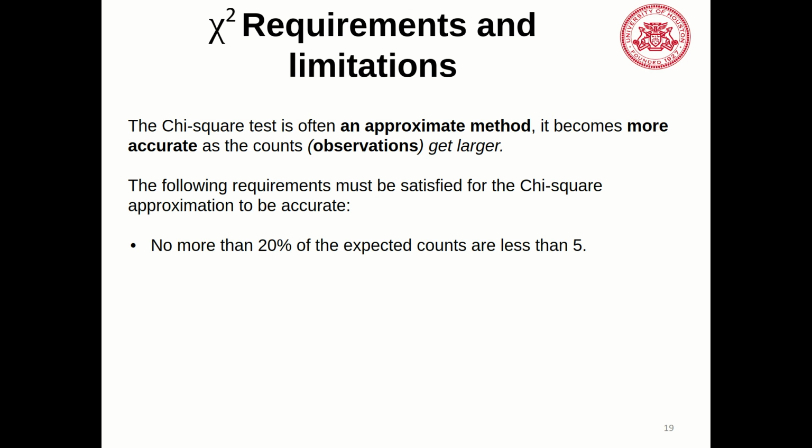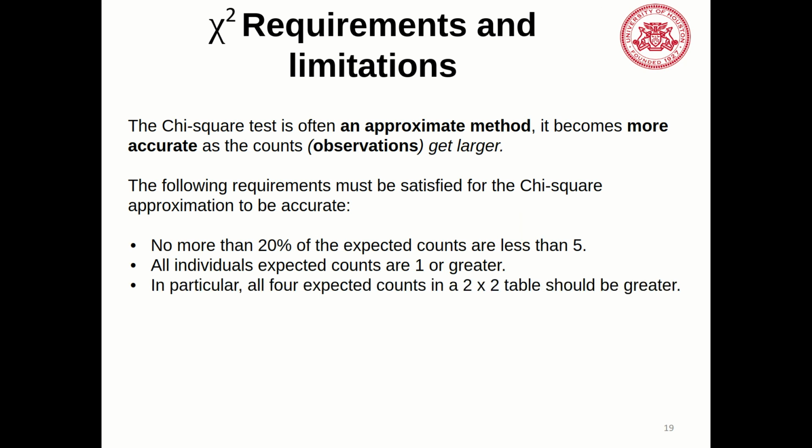All right, no more than 20% of the expected counts are less than 5. So in other words, you need at least 5 flies. All individual counts are greater than 1. You can't have a count of 1. I got 1 fly. No, you have to have at least 2. And there need to be 5 total, and that's of each expected count.